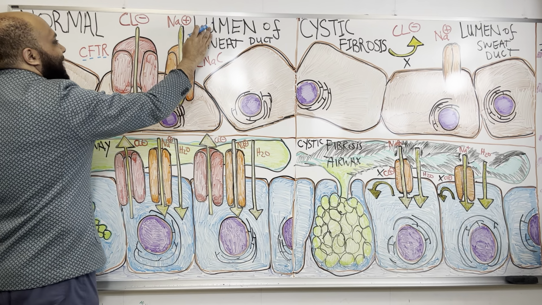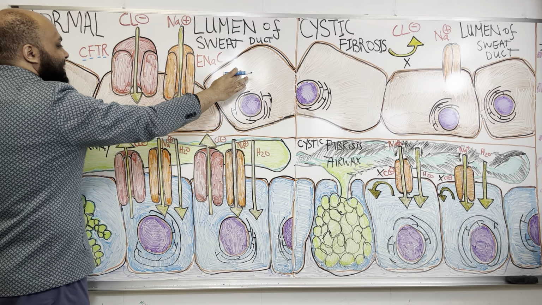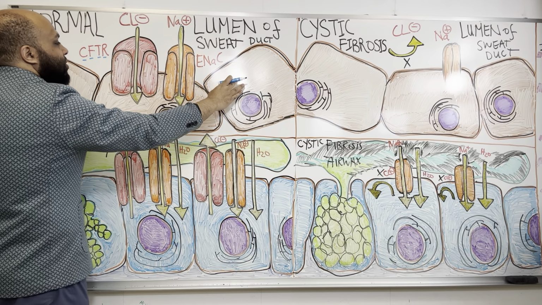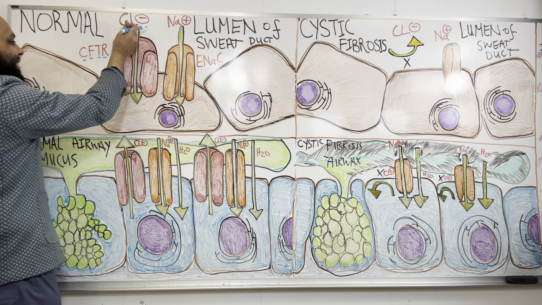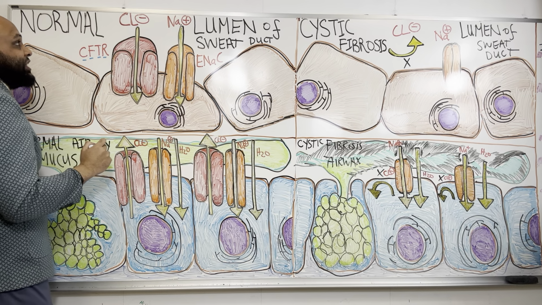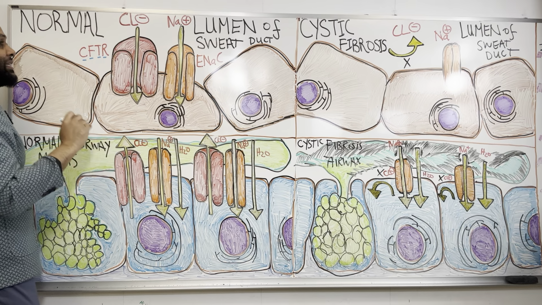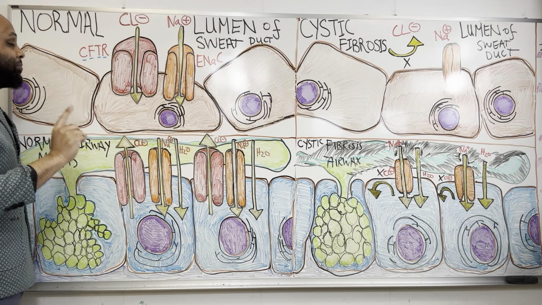So the lumen is the outside, mainly the core of the sweat gland, but these are the cells. So we bring chloride in. Look at where the arrow is pointing for the red chloride channel. The arrow is pointing to the inside. So the directionality is very important.